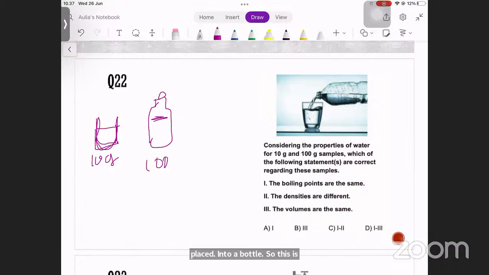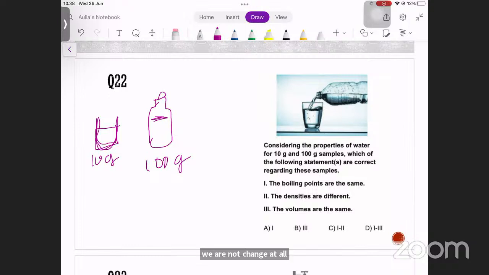When the container is different, I believe you can imagine it clearly. Everyone, whether the mass of water is 10 grams or 100 grams, or whether the container of water is glass or bottle, they are still water. So their physical and chemical properties will not change at all.